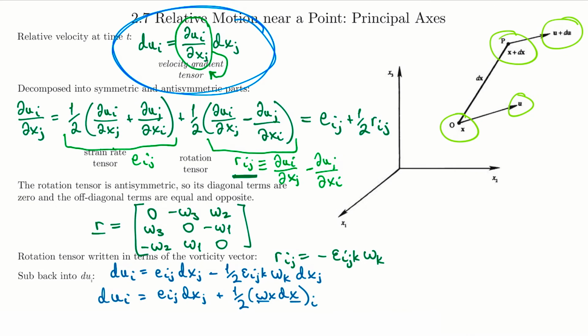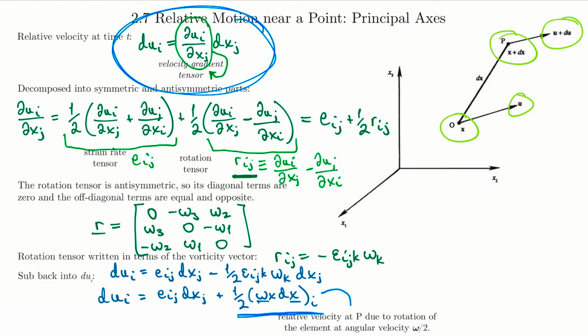Now looking at this second term here, we know that the velocity at a distance x from some axis of rotation of a body that's rotating rigidly at some angular velocity is denoted as this angular velocity crossed with that distance, right? So the second term here is the relative velocity at point P due to the rotation of the element at some angular velocity of omega over 2. And of course, the angular velocity is half the vorticity, so I've written that out here.